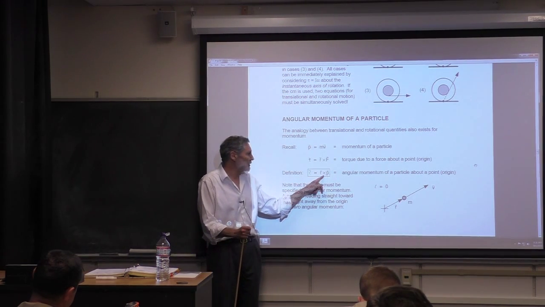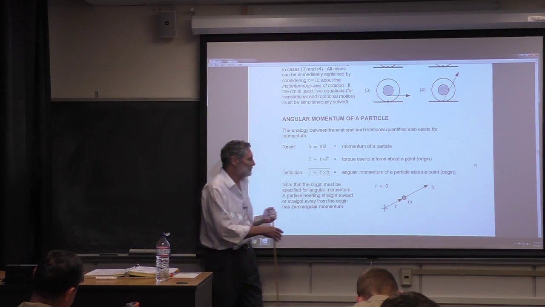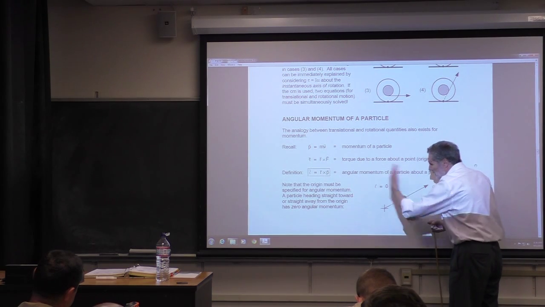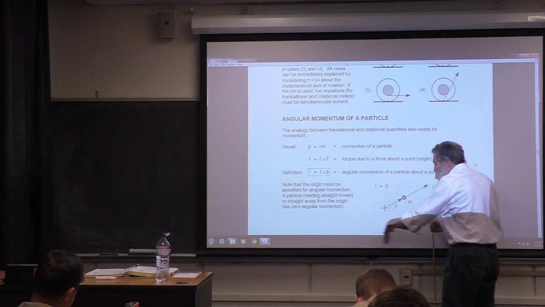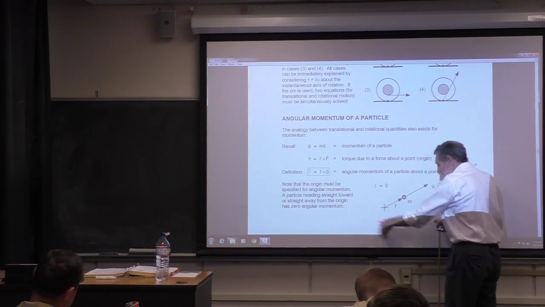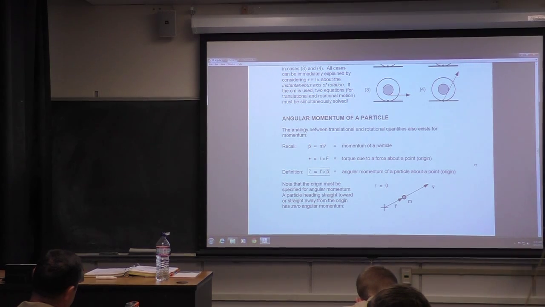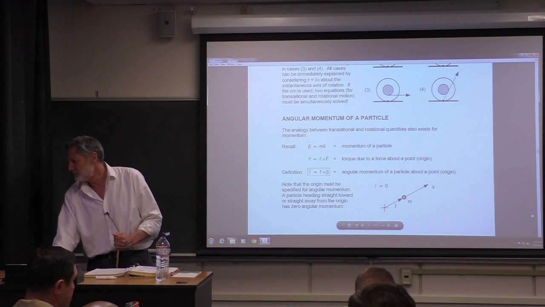These two vectors are parallel, so it's going to be 0. Physically it's 0 because you don't see anything going around here. You don't see something going this way or this way. They both are on equal footing. So the angular momentum is 0 here.